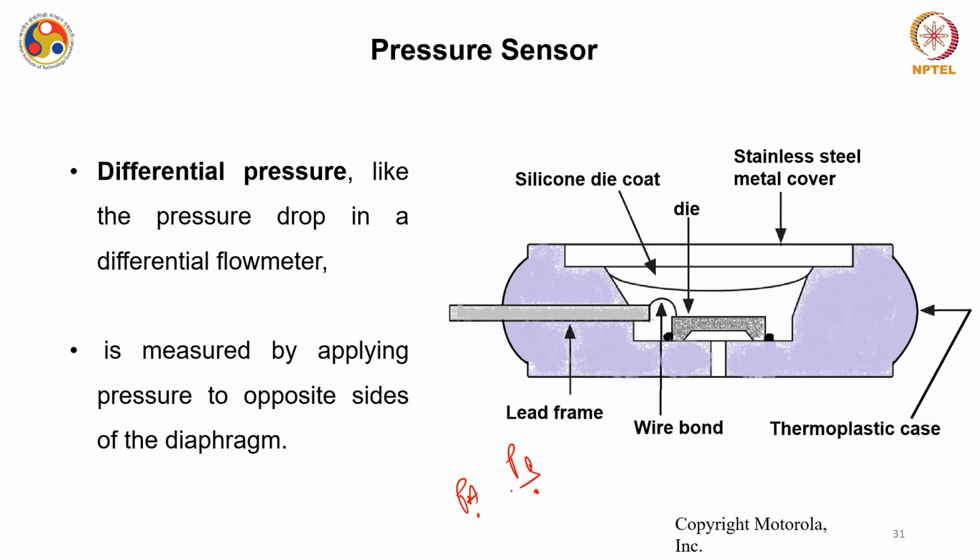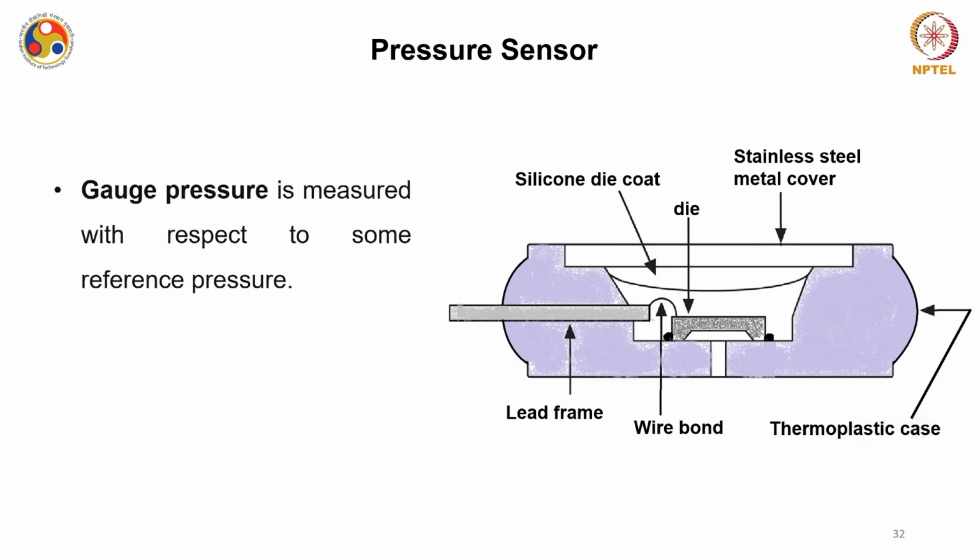This kind of differential pressure sensor will try to measure the difference between these pressures. Like the pressure drop in a differential flow meter, it is measured by applying pressure to the opposite sides of the diaphragm. So, the basic packaging of this kind of device is shown.